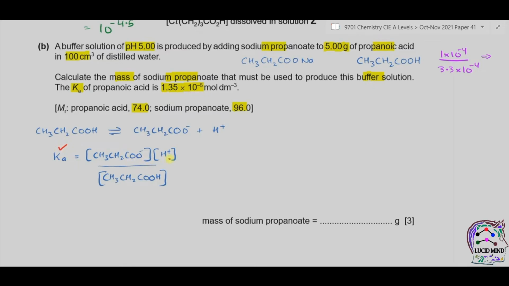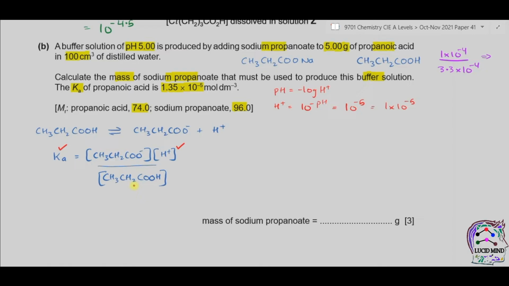The value of H⁺ can be calculated from the pH. We can use the formula pH is equal to negative log of H⁺, or H⁺ will be equal to 10 raised to the power minus pH. By putting the value, pH is 5, so it comes equal to 1 × 10⁻⁵.